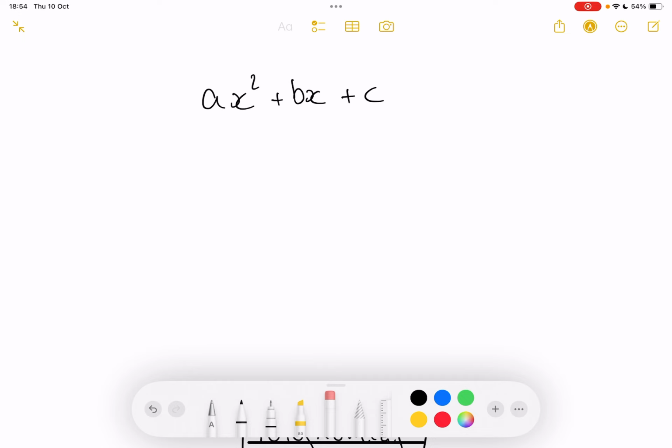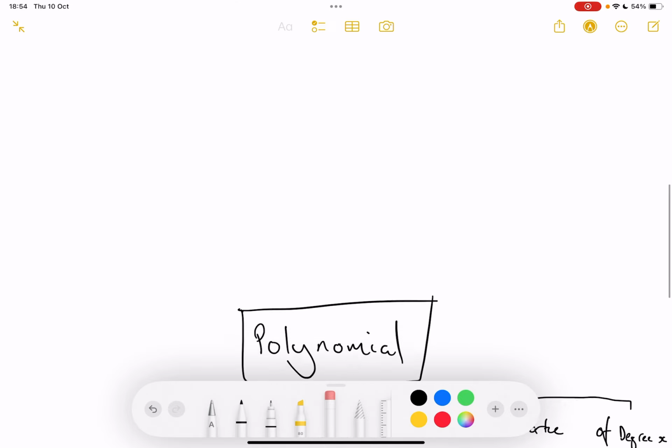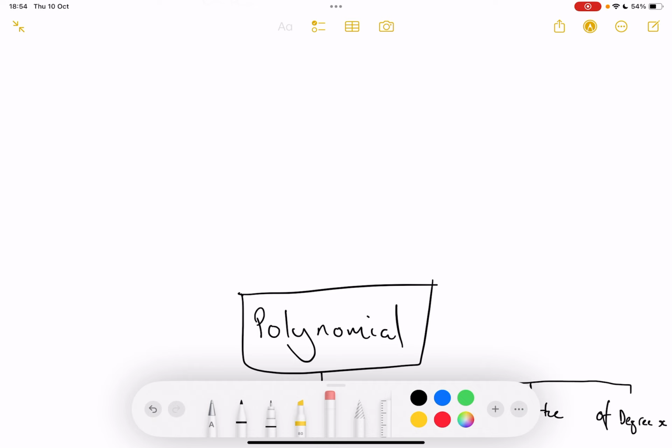The next thing I want to dig into is that quadratics, I'm aware, are a special case in a broader set of polynomials. So I actually want to communicate polynomial first and foremost. And I partly want to do this because the conditions for being a polynomial are really quite simple.